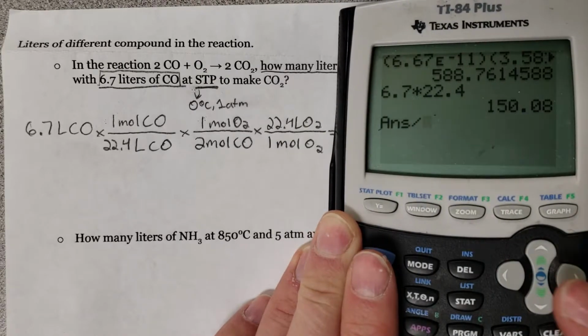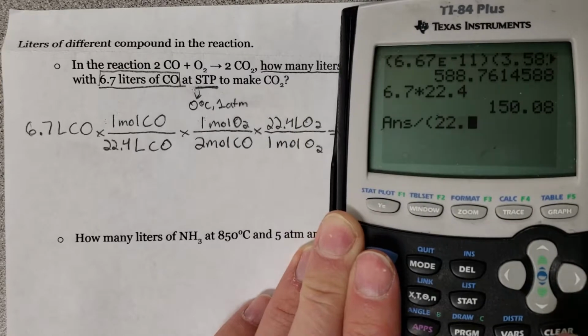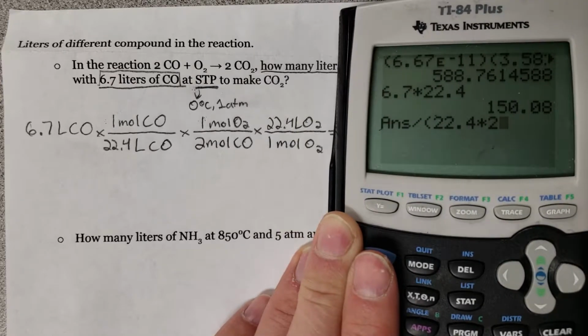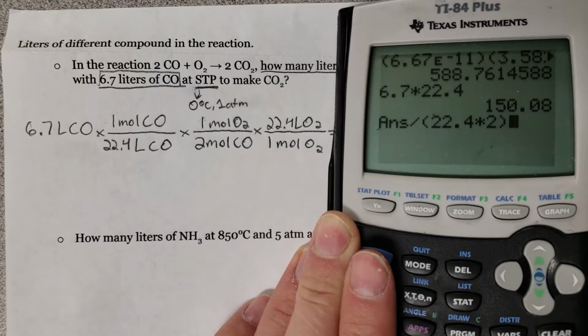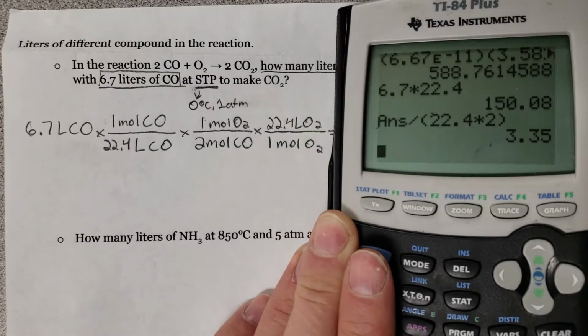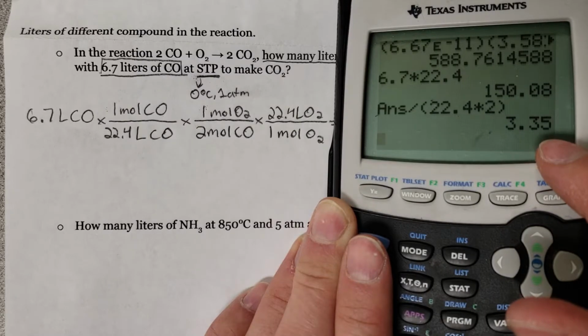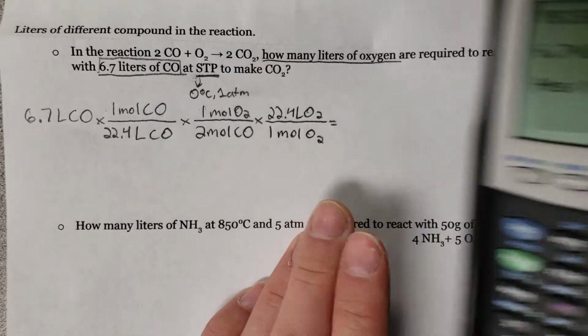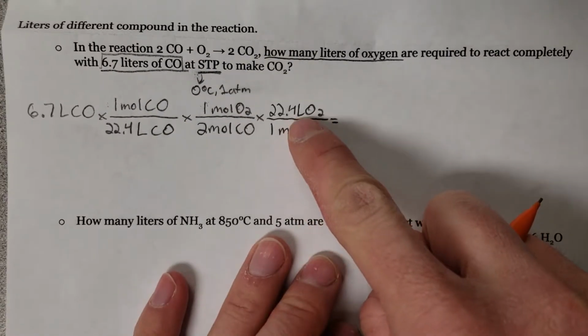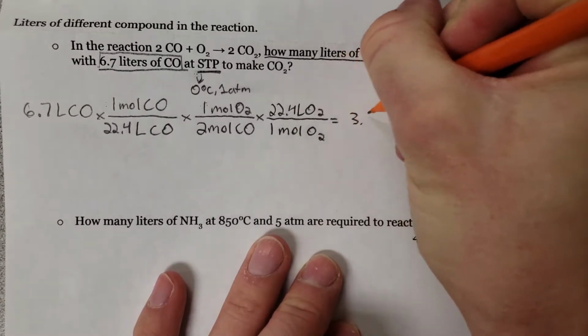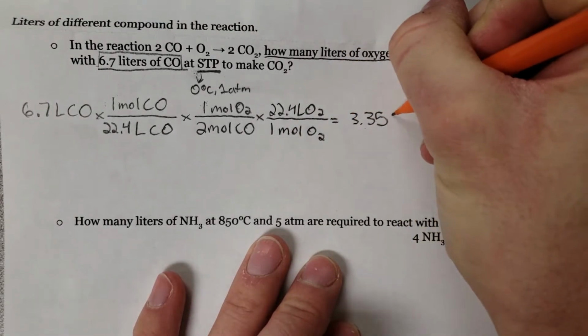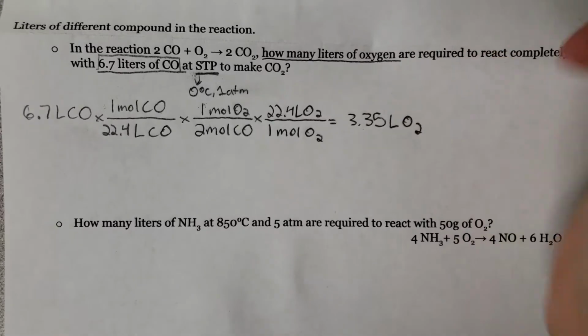Then we divide by everything that's on the bottom, so 22.4 times 2, which would technically be times 1, but we don't need to include that 1. That gives us 3.35, and the ending unit is whatever we have last. So 3.35 liters of O2.